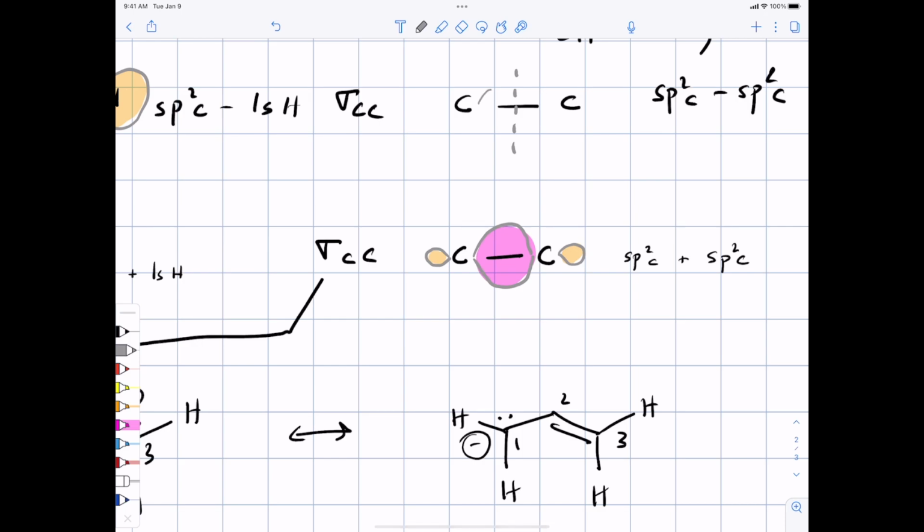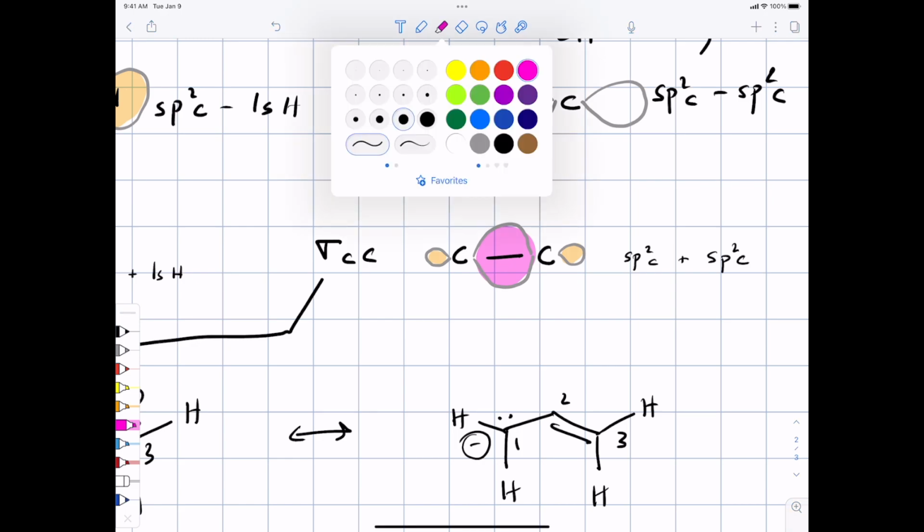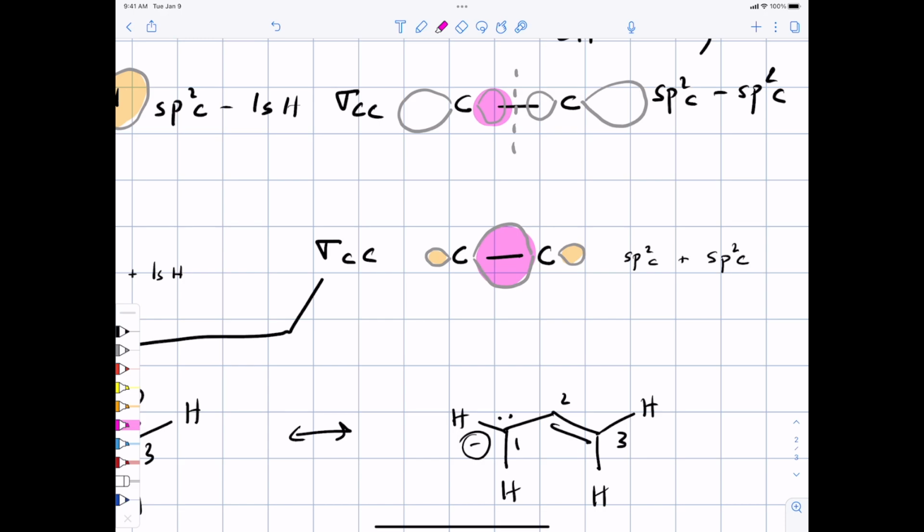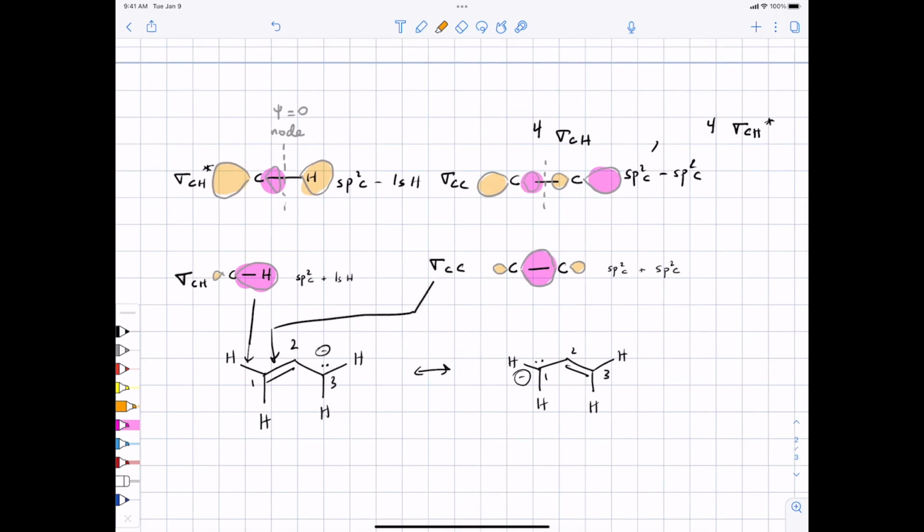Small lobes oriented towards the space between the 2 nuclei, large lobes oriented outward. They look like this because, remember, we're mixing 2 of the sp2 orbitals together, end-on-end overlap to give us this situation. So sigma and sigma star.